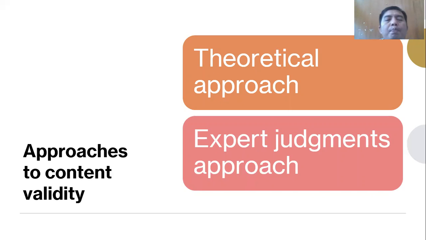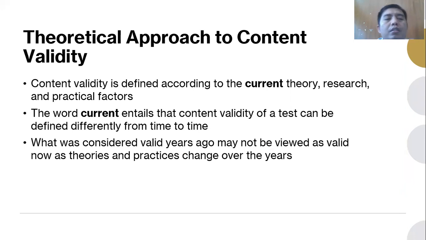There are 2 approaches to content validity, namely theoretical approach and expert judgment approach. In theoretical approach, the content validity is defined according to the current theory, research, and practical perspectives.